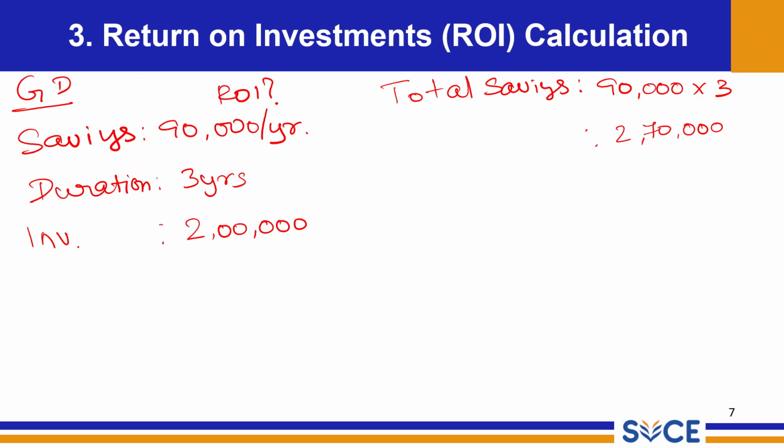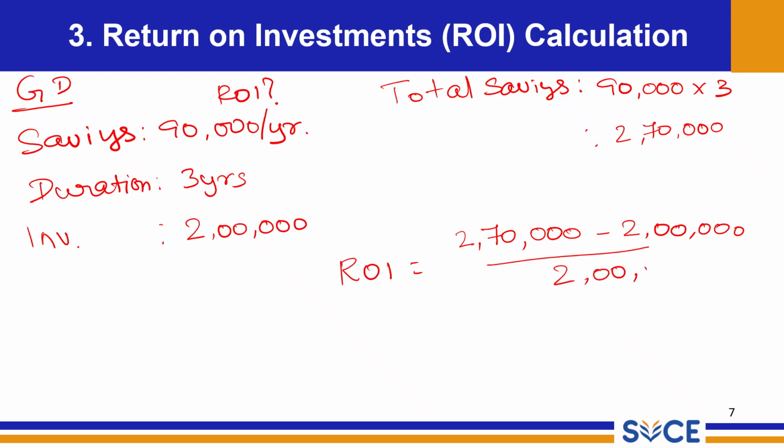This data is sufficient for us to solve the problem further. Now we'll directly jump to the ROI. ROI is total savings, so the net profit is 2,70,000 minus 2 lakhs, divided by 2 lakhs.